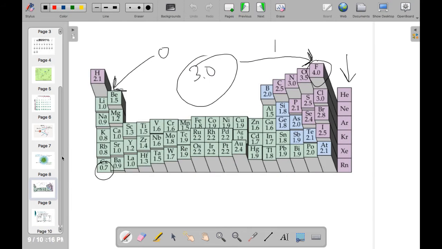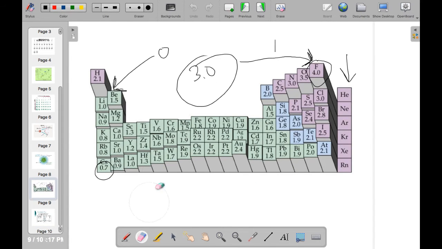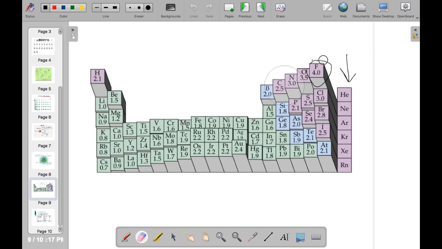If I go back, sodium, potassium, these are all going to bond over here and be ionic bonds because there's going to be a high difference. If that difference is lower, see down here, it's going to be covalent, which happens a lot in the nonmetals and some of these gases over here.